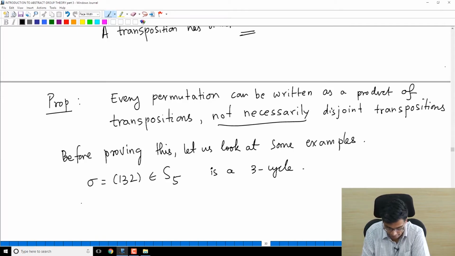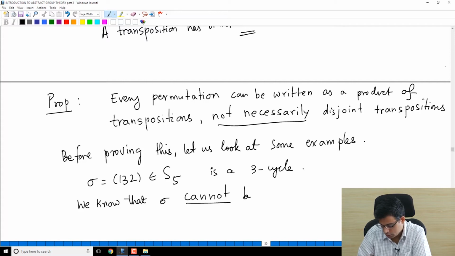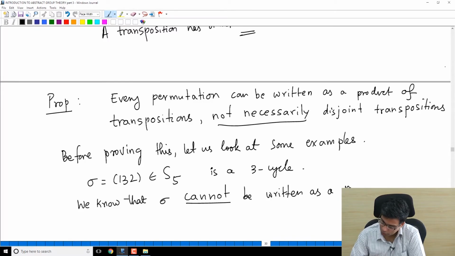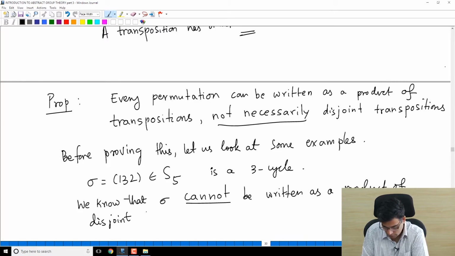We certainly know that sigma cannot be written as a product of disjoint transpositions.